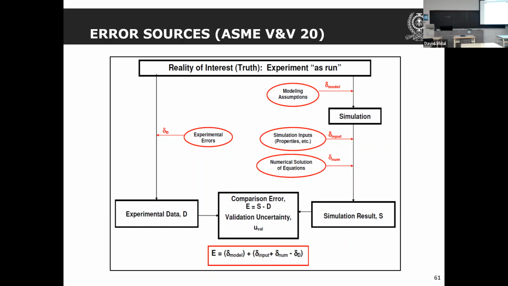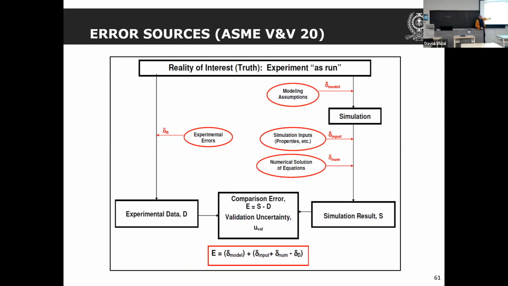And then eventually you have the error of the model. What is the error of the model? It is the error due to the assumptions that you have taken. And basically this ASME standard tells you how to determine the error of your models.